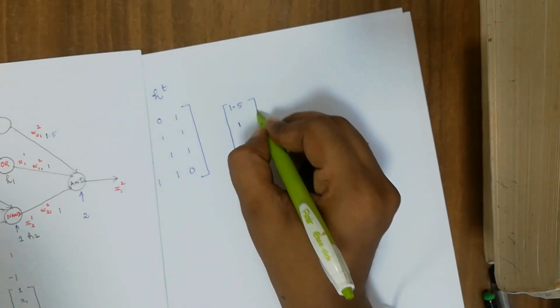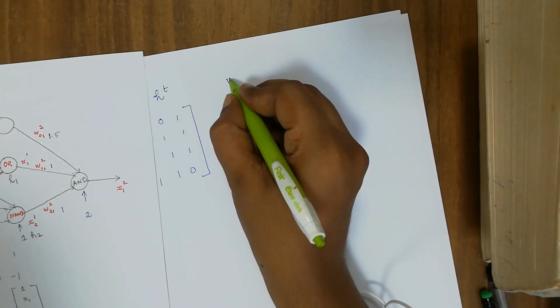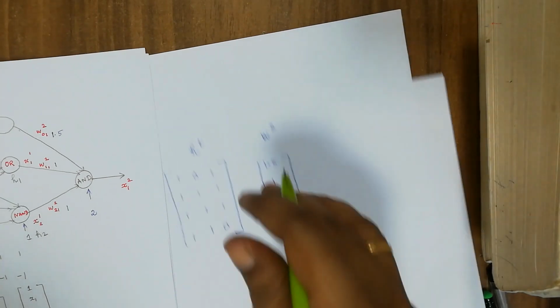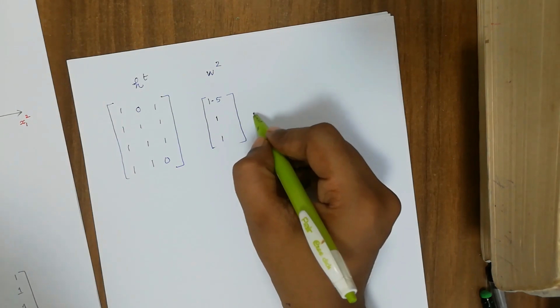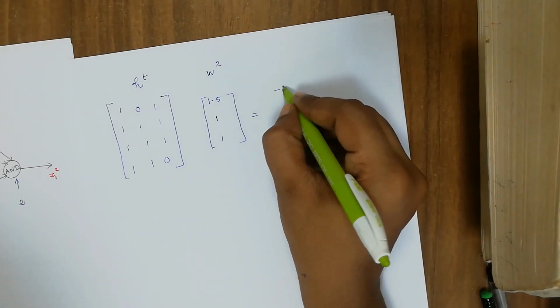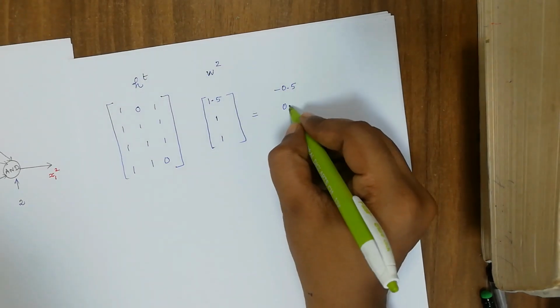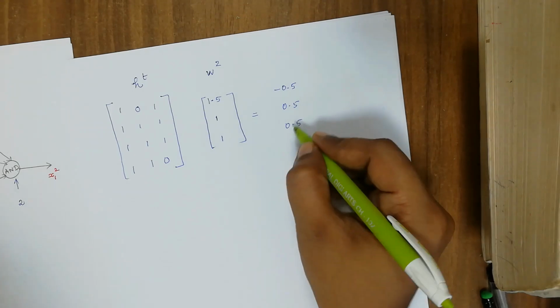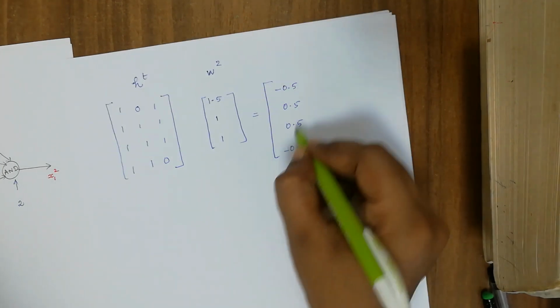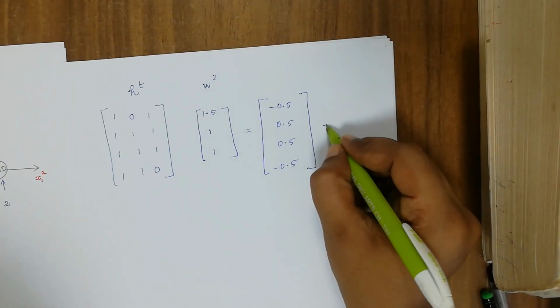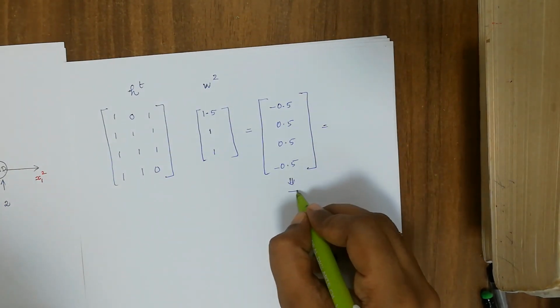With this H transform, this is the weight vector in the matrix which is connecting to the second layer. So when we take a dot product of this, we may obtain an output of something like this. This is the result of the adder unit.